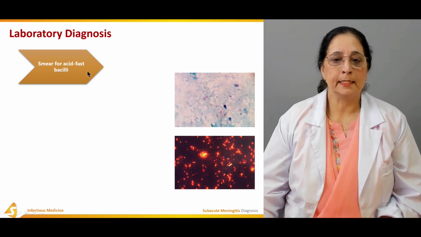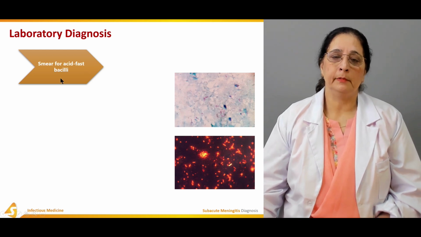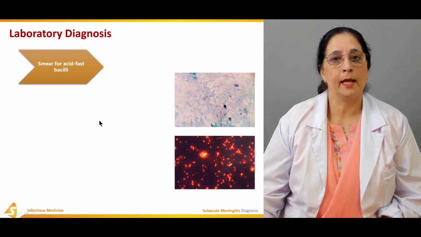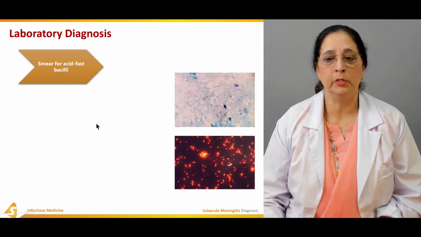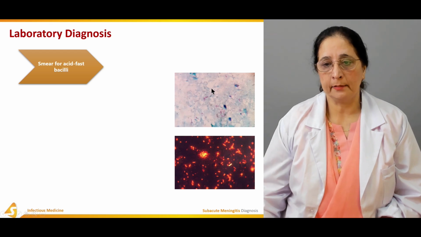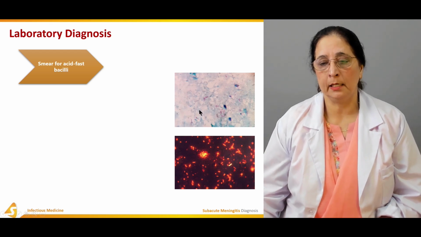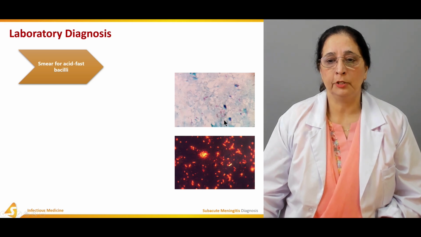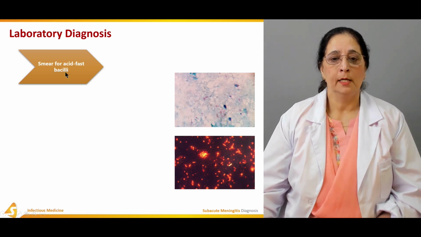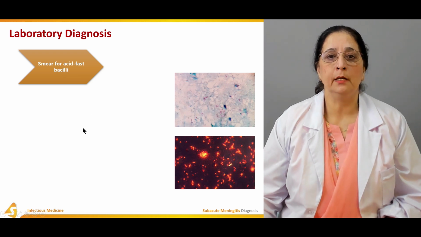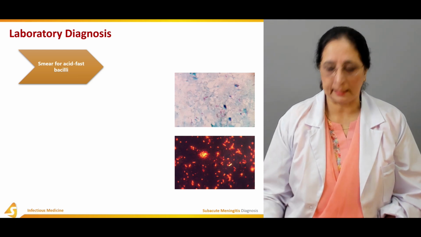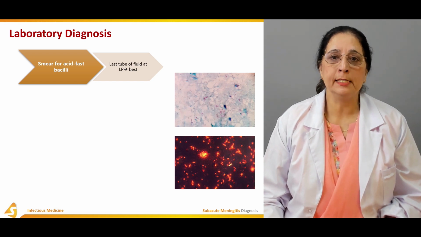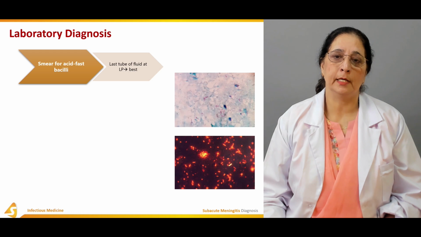Smear for acid-fast bacilli. Mycobacterium tuberculosis is an acid-fast bacillus, so we should do the smear for acid-fast bacilli. That's the histological appearance of the tubercle bacillus. The last tube of fluid at lumbar puncture is best.